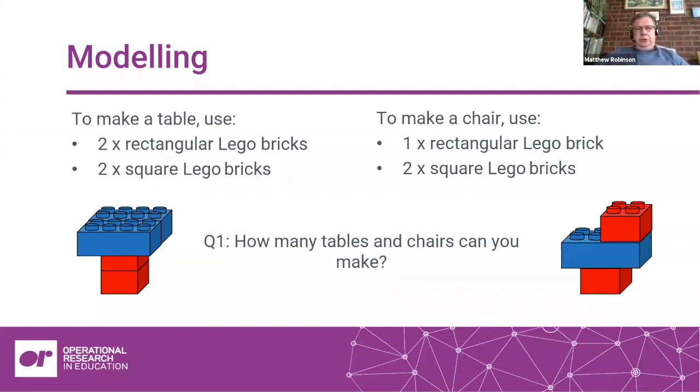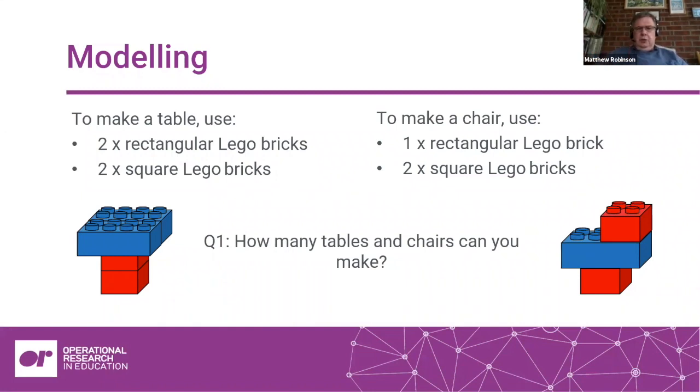Now I could, if I wanted to, use these spare ones to make another table. So if I just take those very quickly and I build another table like so, I've now got 2 tables and a chair. And I've also got 1 rectangular and 2 square bricks left.